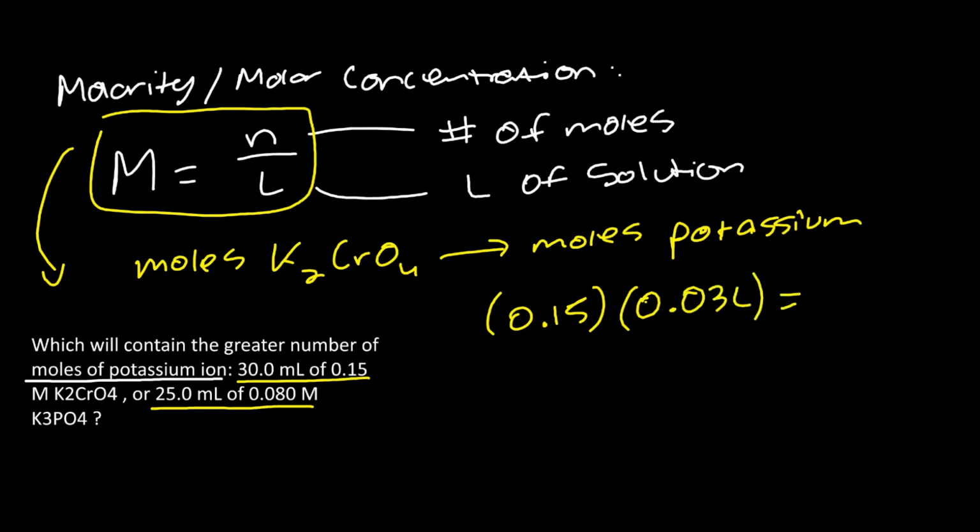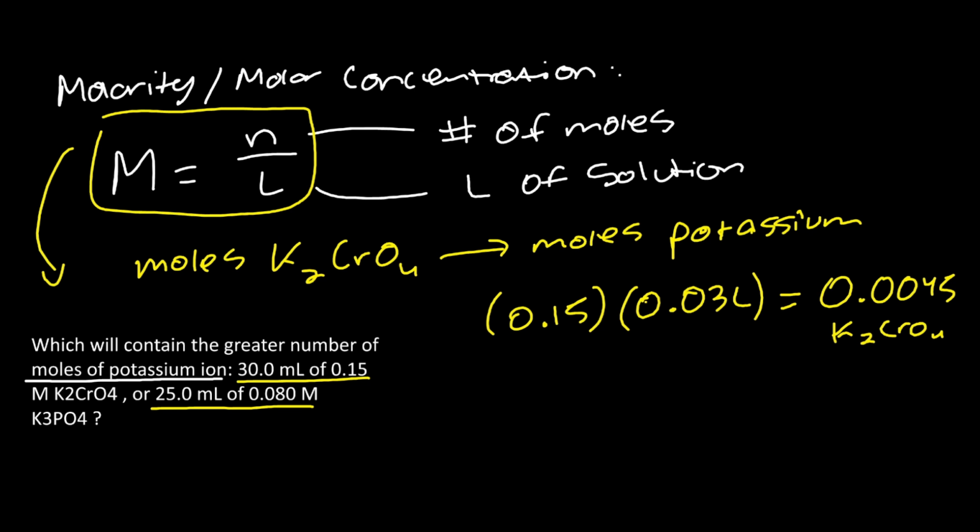If we take 0.15 times 0.03, that gets us 0.0045 moles of K2CrO4. We're going to do the same thing with the other solution, which is K3PO4.